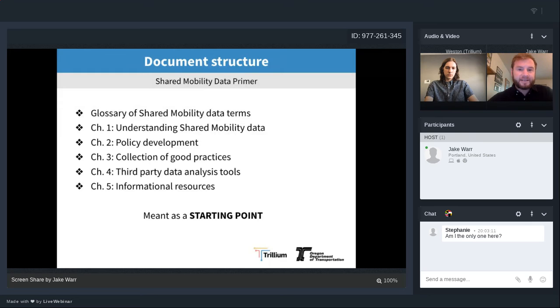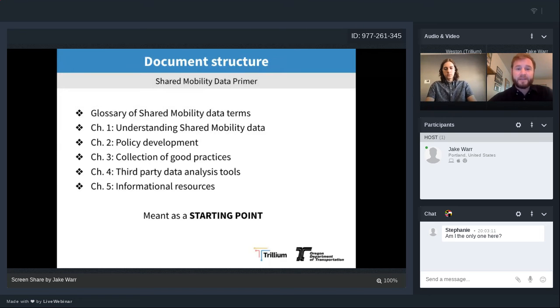We provide some summaries of third-party data analysis tools that are out there on the market that jurisdictions might consider to support their use of this data. And then finally, we provide some informational resources for further guidance and education around shared mobility data.